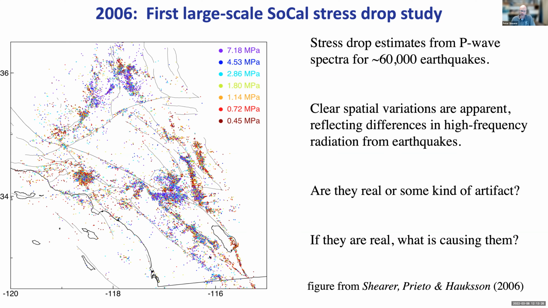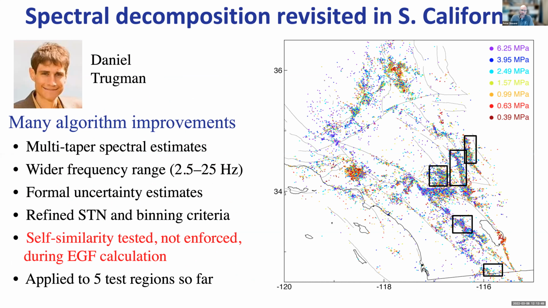For example, if we had strong attenuation in the Salton Trough that we weren't correctly accounting for, that's going to tend to remove the high frequencies. And then if we were interpreting that in terms of the sources, then those events would apparently have lower stress drops.